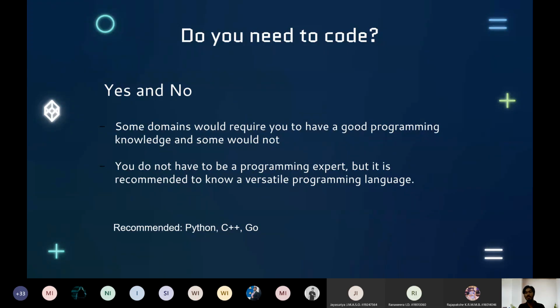I thought in cybersecurity we don't need to code; it's all about hacking. But sad to say, you need to know code. You need to know coding a bit at least. You don't need to be an expert. You don't need to set up applications and everything. But it's recommended for you to know at least some of the languages.